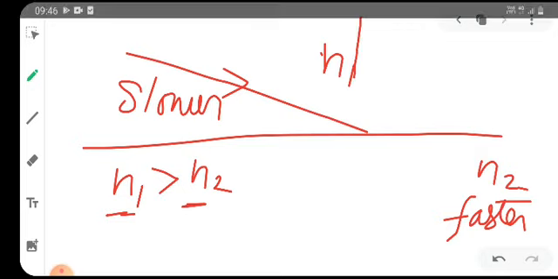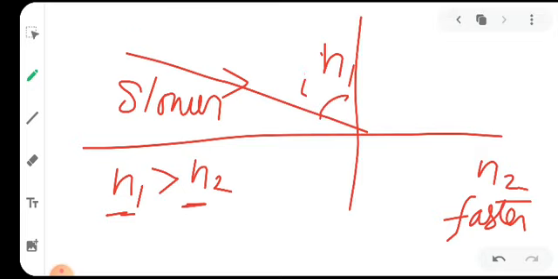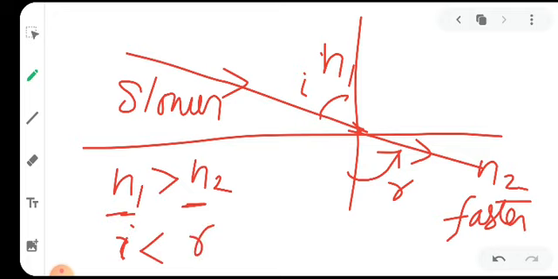So what happens? The angle of refraction will be more if n1 is greater than n2, which means angle of incidence will be less than angle of refraction, provided you have placed the mediums in such a manner where angle of incidence is in medium 1 and angle of refraction is in medium 2.